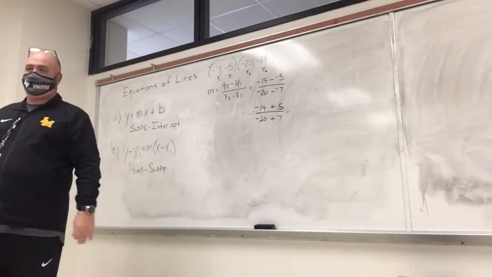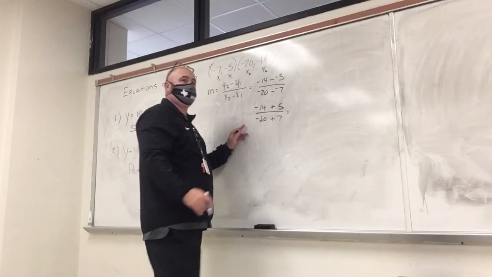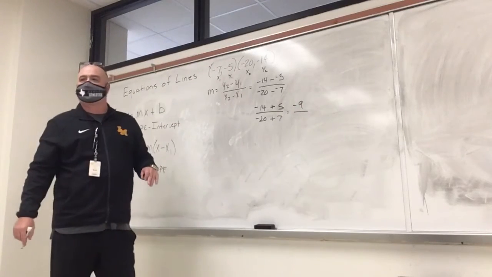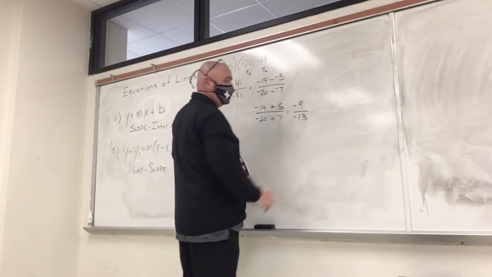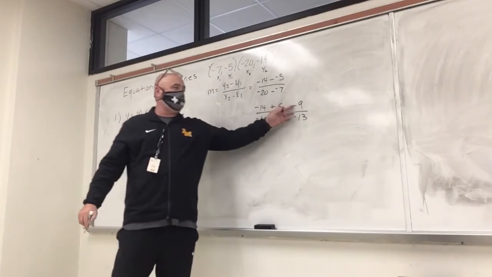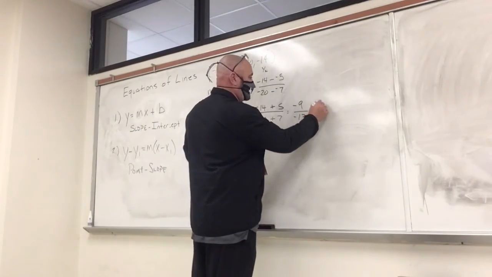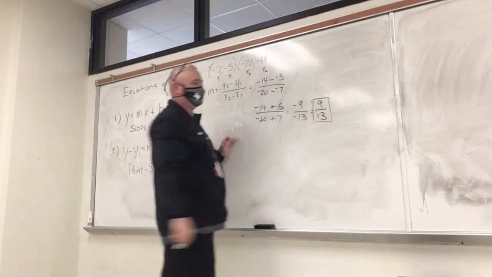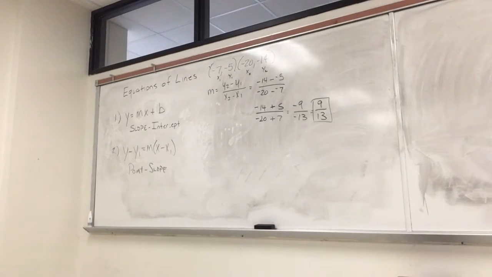Now I've got to do all my math in my calculator. -14 plus 5 is -9. -20 plus 7 is -13. Now, what's a negative and a negative make? Makes a positive. So my answer is 9 over 13. And that's the answer that I want. Was that hard? No, it's just plugging numbers in.